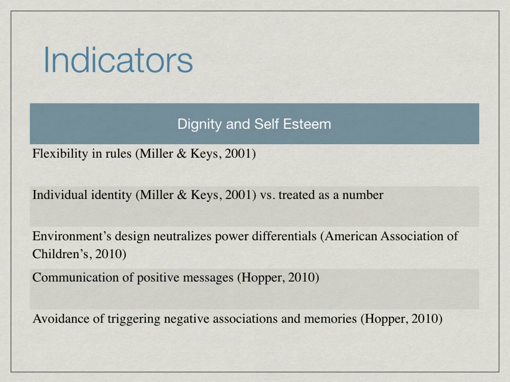For example, Miller and Keyes research group suggested that dignity can be enhanced if there's flexibility in rules, and also if an individual's identity might be expressed rather than treating a person as a number. So I pulled out from research of these various sources some ways that architecture could actually get involved with helping to support dignity and self-esteem.